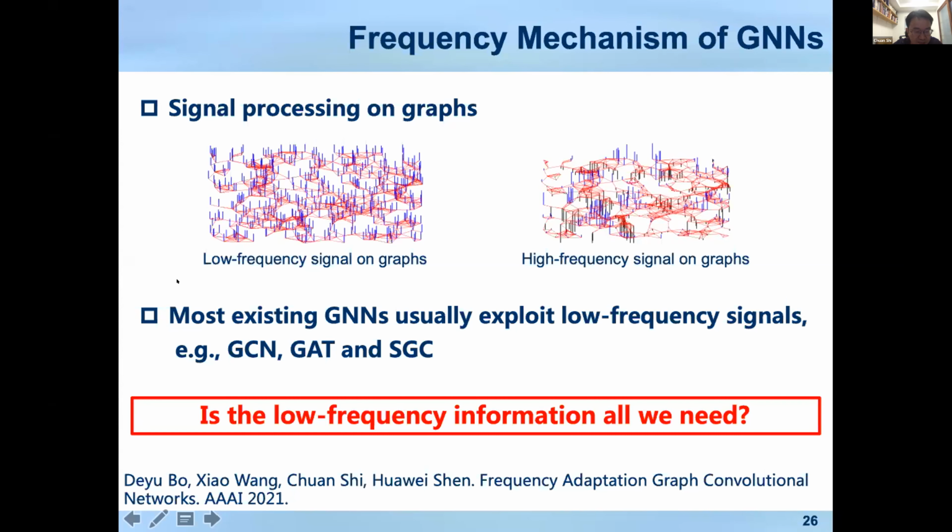Many researchers have pointed out that most existing GNN usually employ the low frequency signal, such as the GCN, GAT, and SGC. So it motivates us to answer the following question: is the low frequency information what we need?